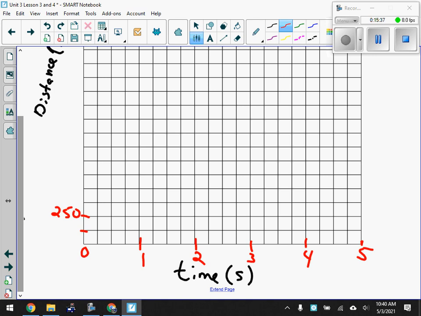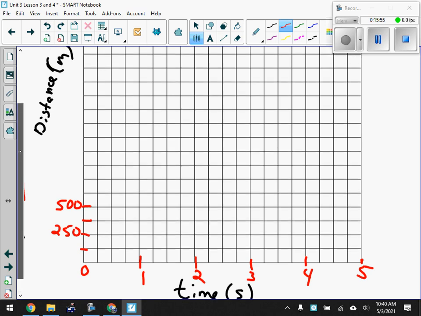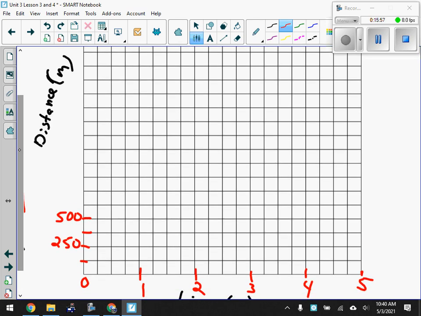That's 375. That should be what? 500, yes? So each square is still 125, but I'm not labeling every square just because I don't need to. What's going to happen is I'm going to have 20 numbers on here, and I probably don't need to do that. So you can kind of see the pattern.